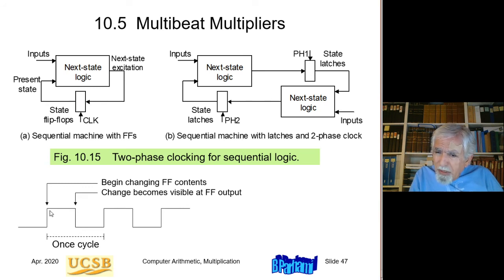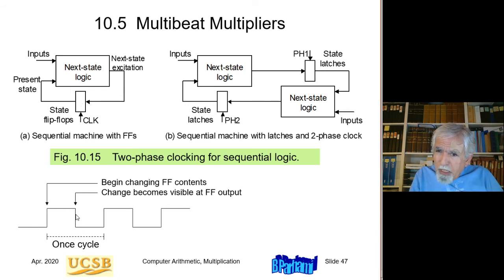So basically during the positive part of the clock pulse, changes take place here, and this clock should be wide enough to allow signals to propagate through this next state logic and also have enough time to affect these changes.